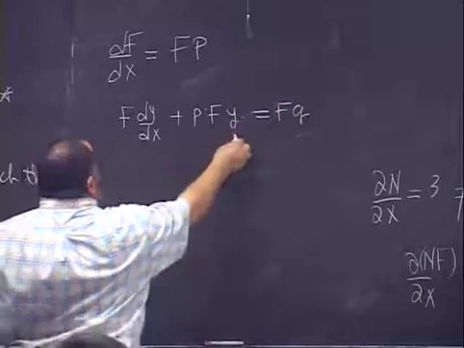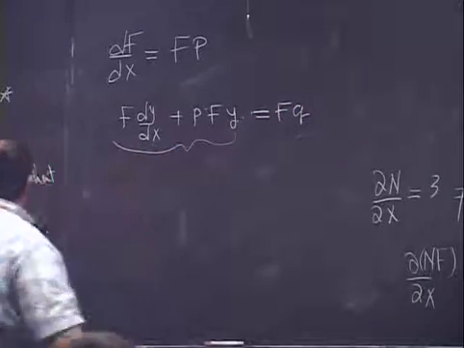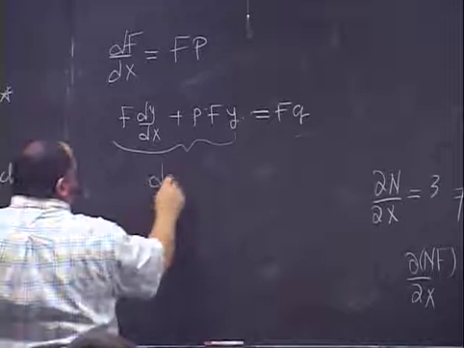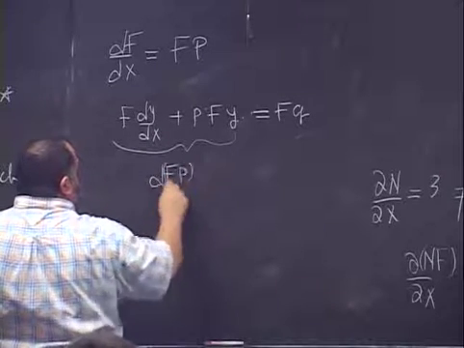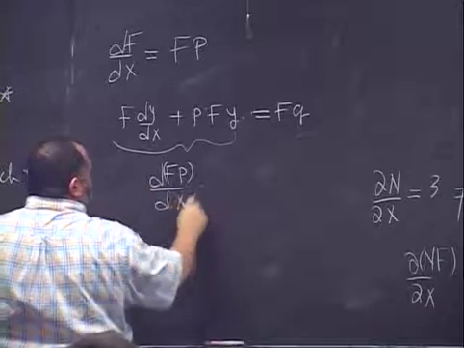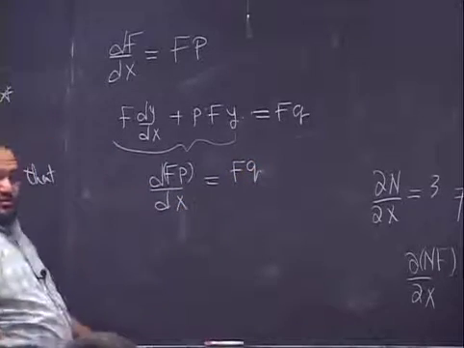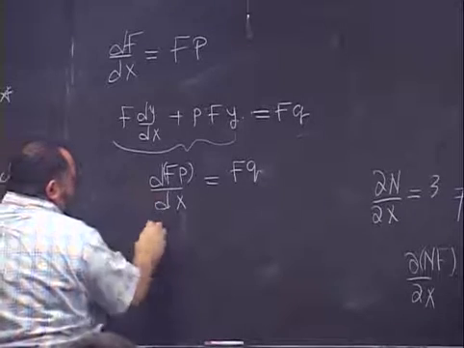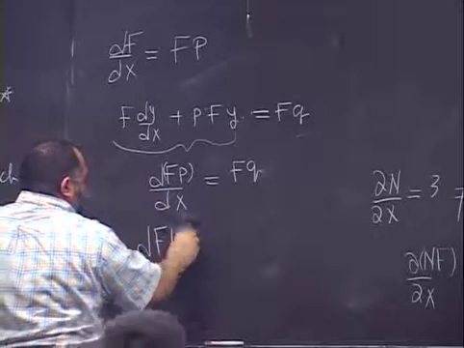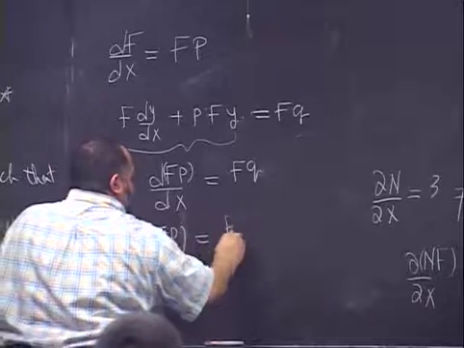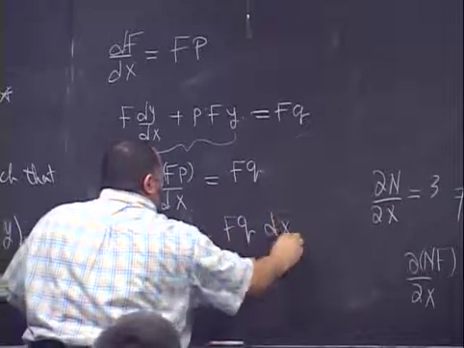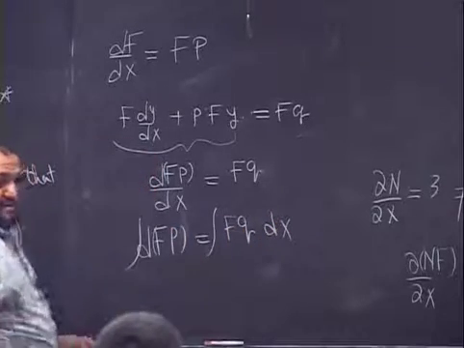We said that this is an exact differentiation, so this will be d(fy) by dx equal to fq. Then when you separate the variables, this will be d(fy) equal to fq dx. Yes, guys?